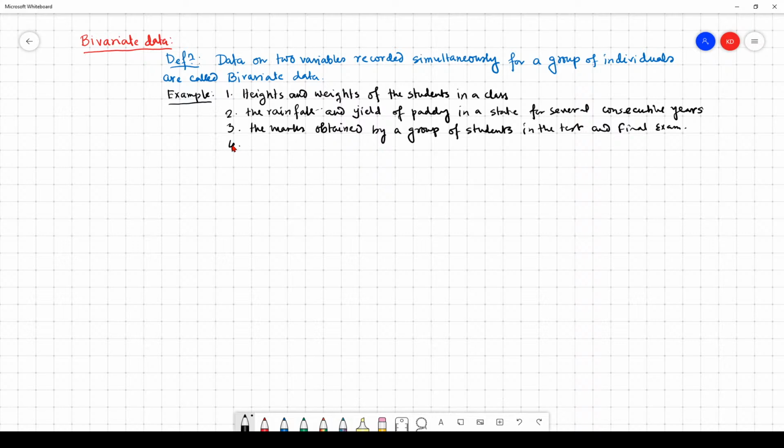Similarly, another example: the income and expenditure of a number of families. You take the income and expenditure from the same family. That's why this is bivariate data. So these are the examples of bivariate data.